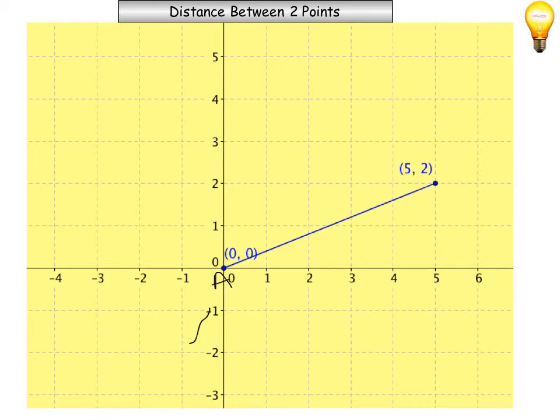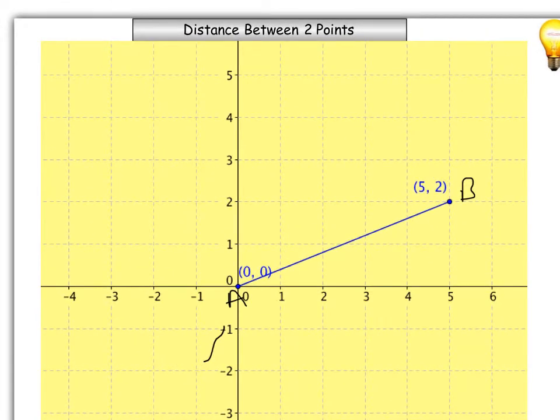We're going to label this one A and this one B. Now what we want to do is find the distance between the point A and B. Using the fact that the y-axis and the x-axis are at right angles to each other, we can create a right-angled triangle here and use that to find the distance between A and B. We can have one of our shorter sides which comes along the x-axis, and the other shorter side which comes along the y-axis. This will work for any 2 points on a Cartesian plane.